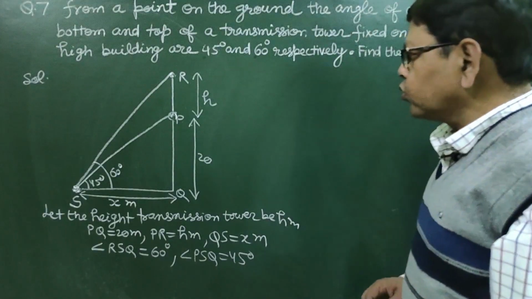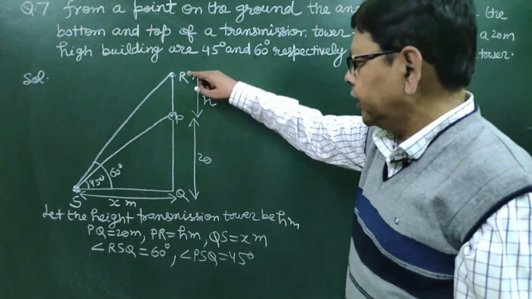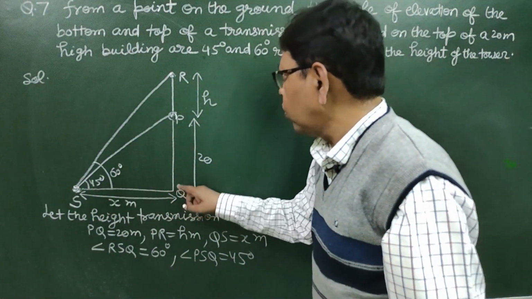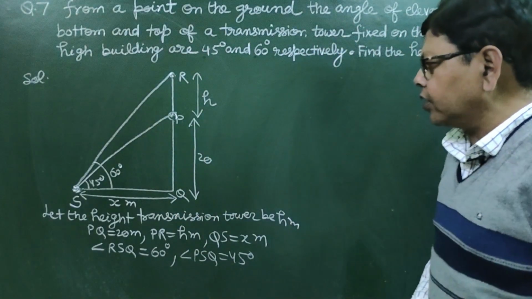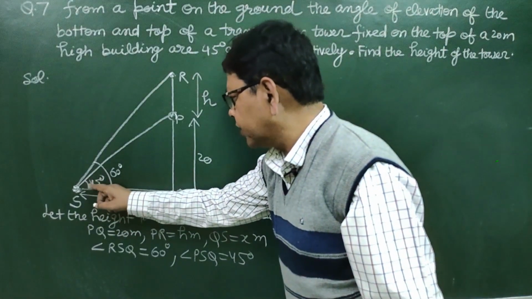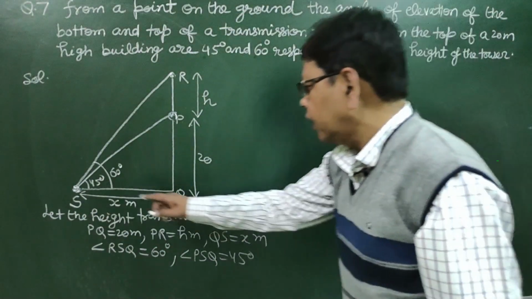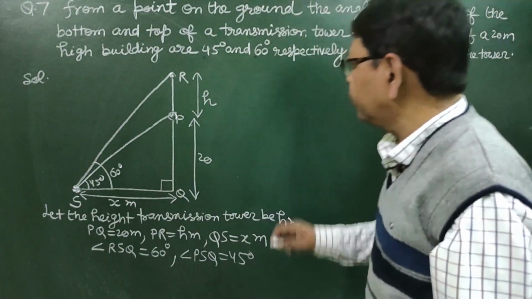Now there are two right triangles, SQR and SQP. So first I will consider the triangle having the angle of 45 degrees, right triangle SQP.